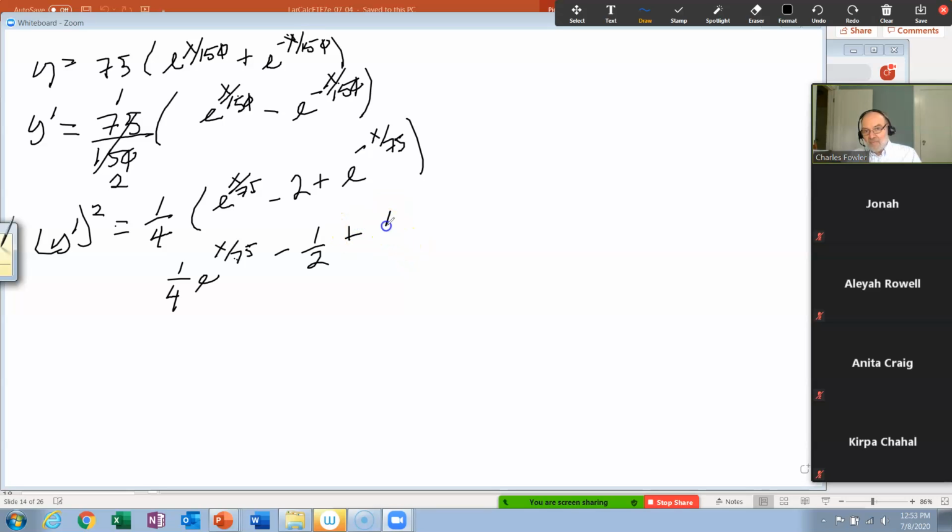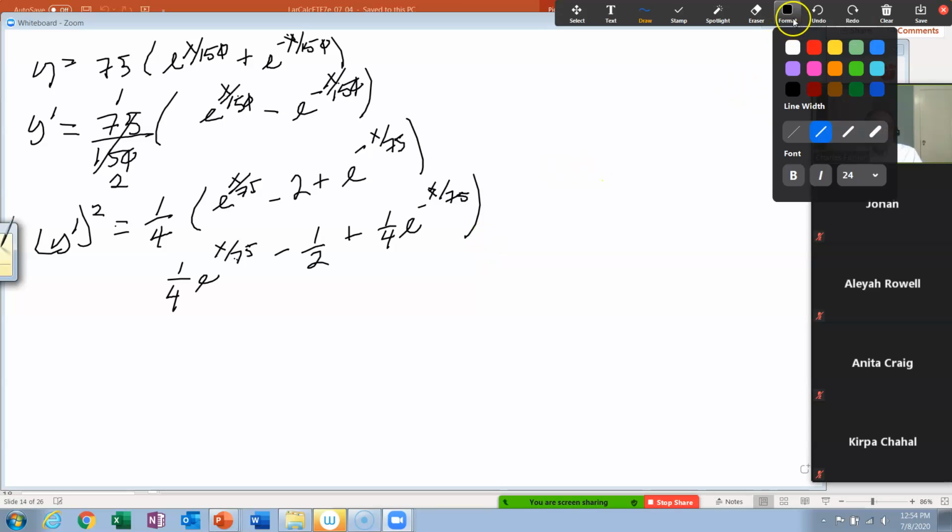Plus 1/4 e to the minus x over 75. I don't need the parentheses there. I don't know why I wrote it.